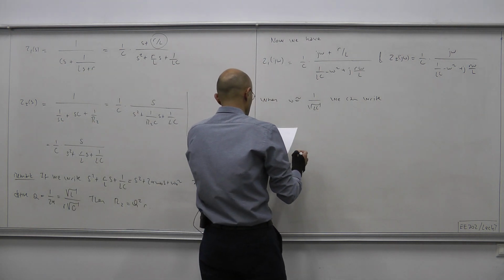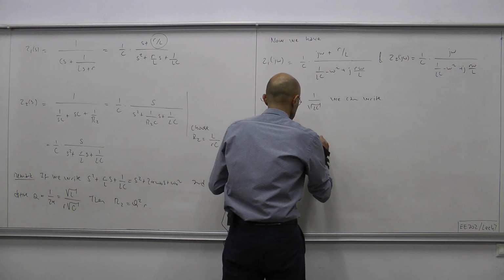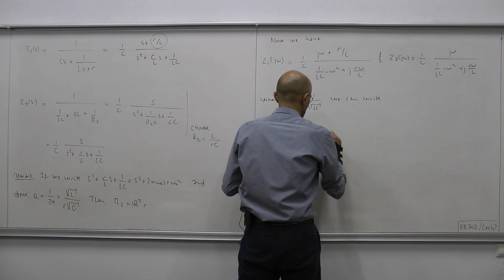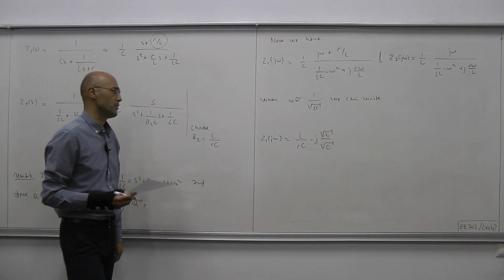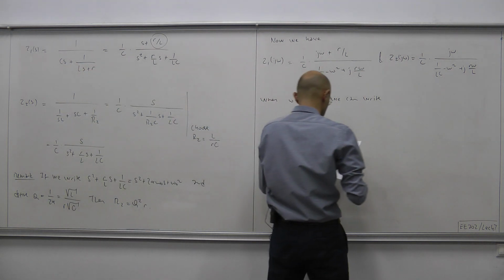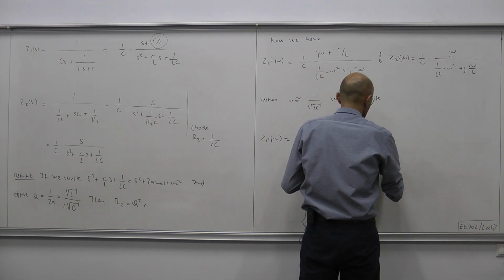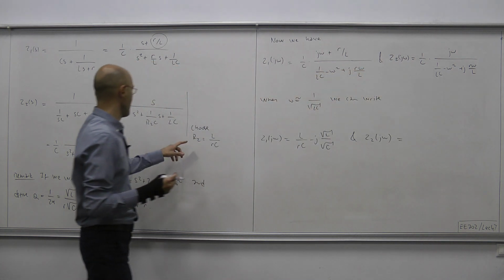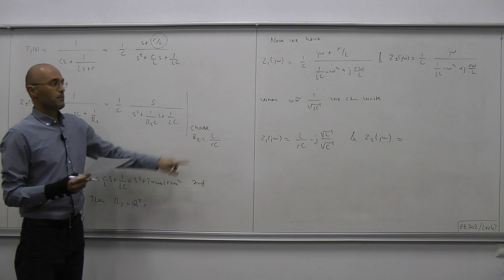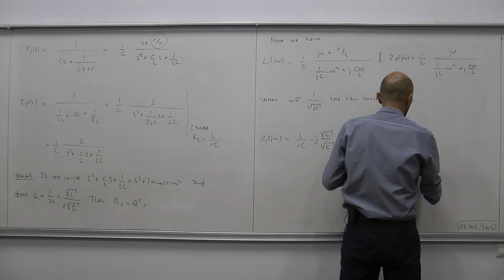We have, as for Z1, L over RC minus j square root of L over square root of C. Okay, so that's Z1 of j omega, and as for Z2 of j omega, it equals R2, which is L over RC.